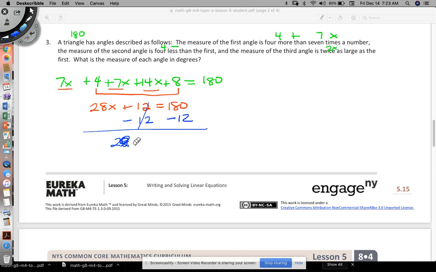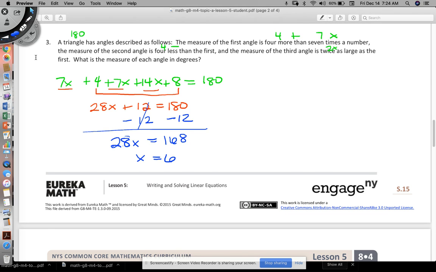That'll be 28x. So 28x equals 168, and x equals 6. All right, let's go ahead and go to the next one.